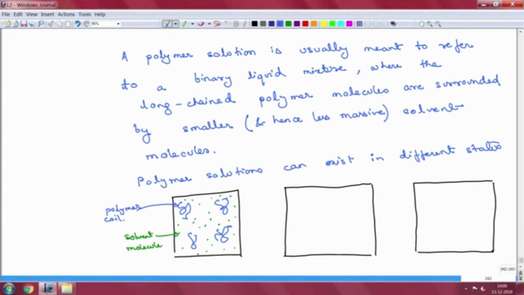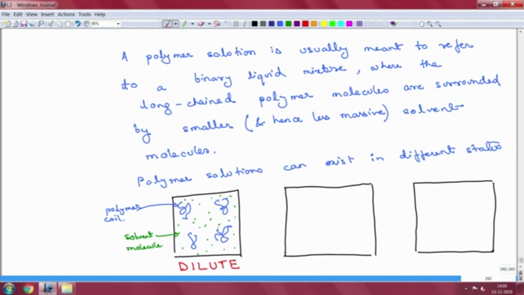So, this is what is known as a dilute solution, and we will write it down in a moment. The reason it is called dilute, this image should give you an idea of why. The reason we call this dilute is because the polymer molecules exist by themselves and they are so few in number that they do not interact with each other.